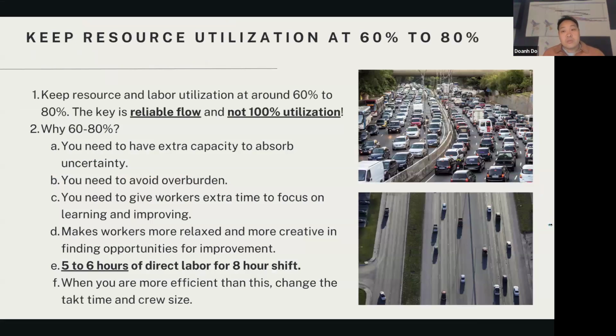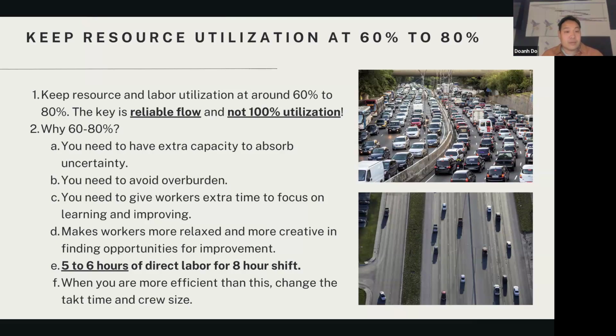So what we found out with PPI is that you don't want 100% utilization, because 100% utilization is like having a freeway. If all the cars are fully on the freeway, nothing really moves. What we find out is that you really want about 60 to 80% utilization, because you want to have good flow. Nobody wants to be stuck in traffic.